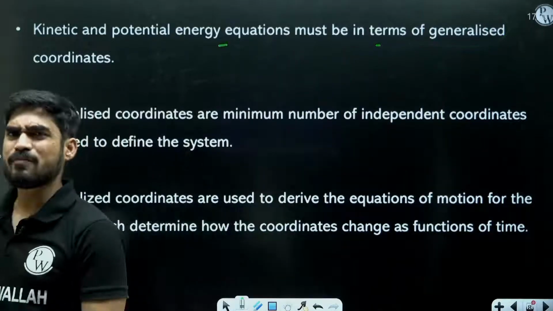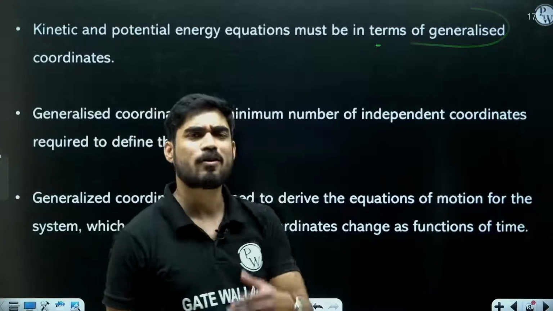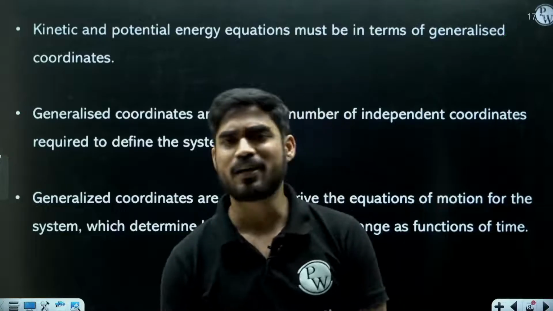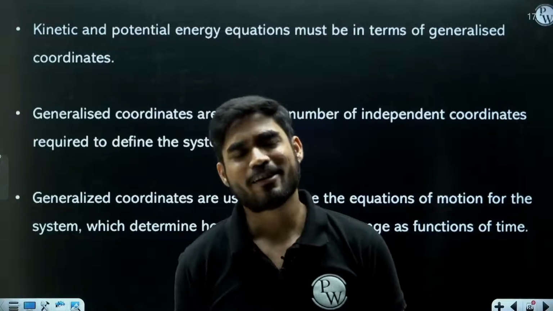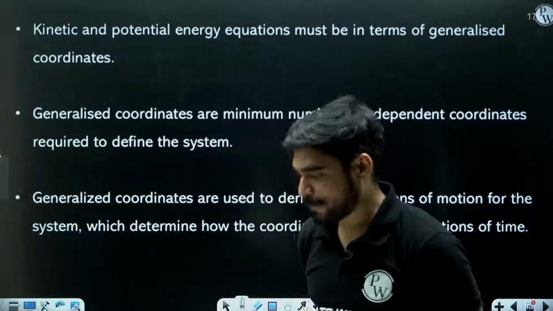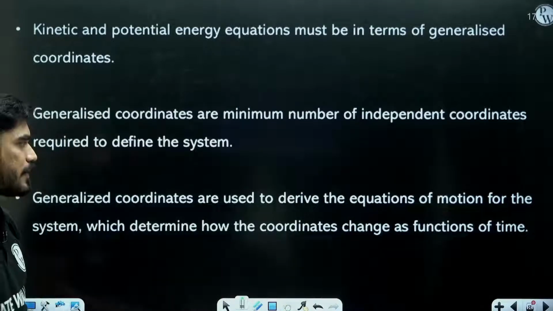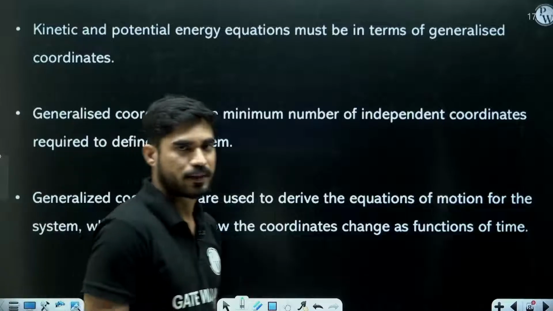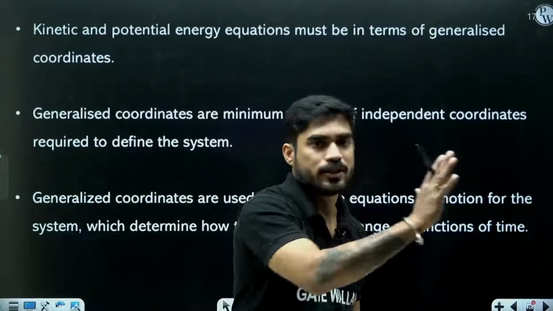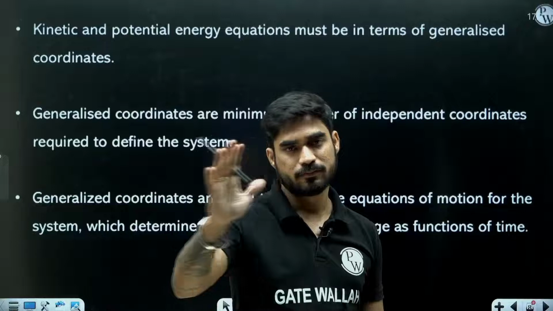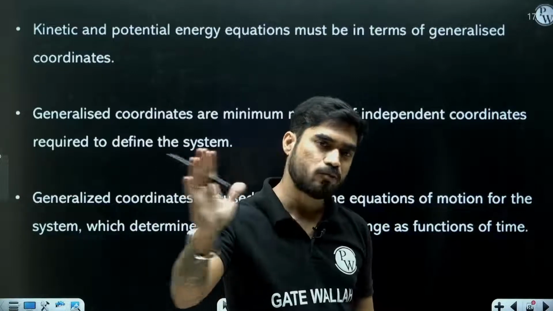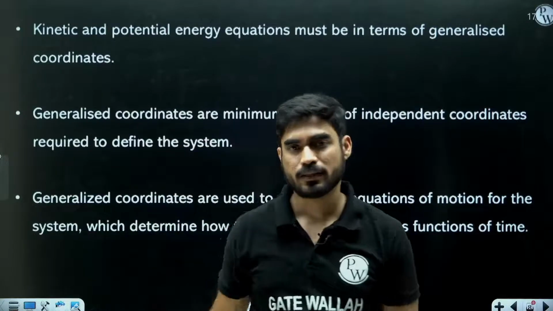Now, what do we mean by generalized coordinates? We have heard about XY coordinates, we have heard about polar coordinates. What is generalized coordinates? See, let's say there are 2-3 bodies. One body is under translation. Okay, so the body is moving, let's say, in X direction.